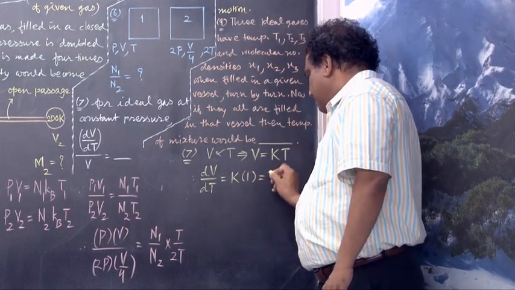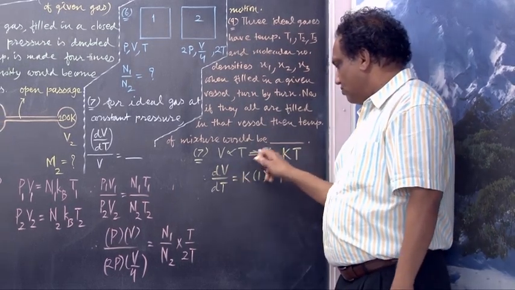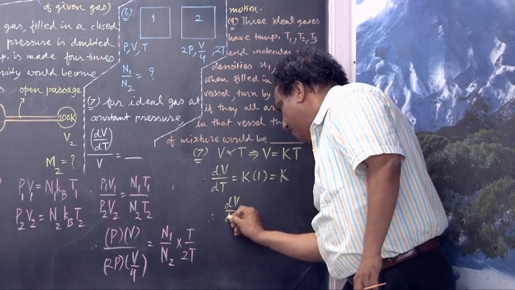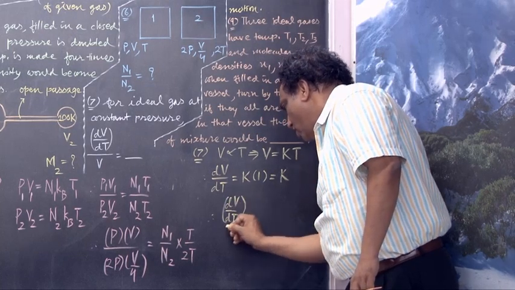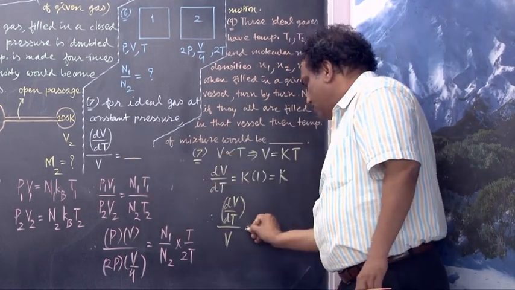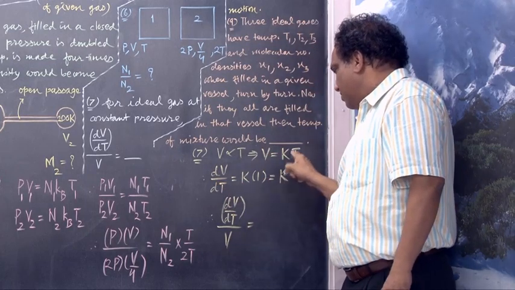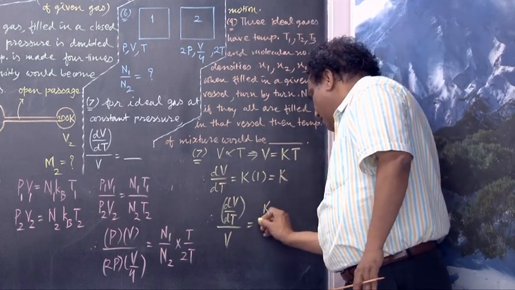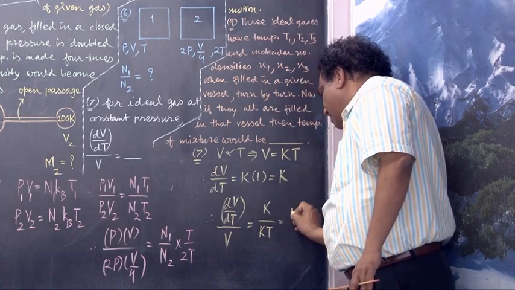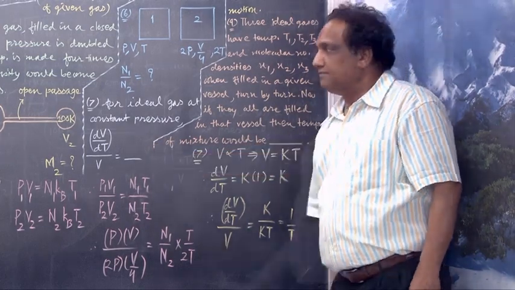K into 1 is K. Just take the ratio of this to this. Therefore, the ratio which I require is dV by dT upon V. So it is now K upon K into T. K and K will get cancelled. So 1 upon T. So answer here is 1 upon T.